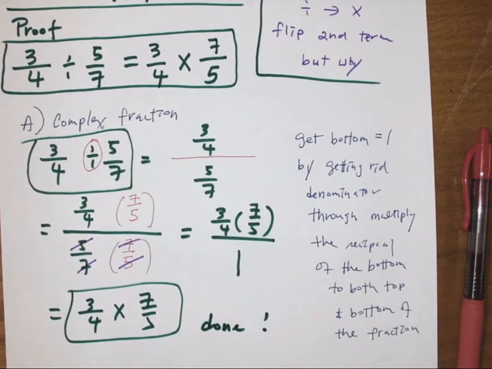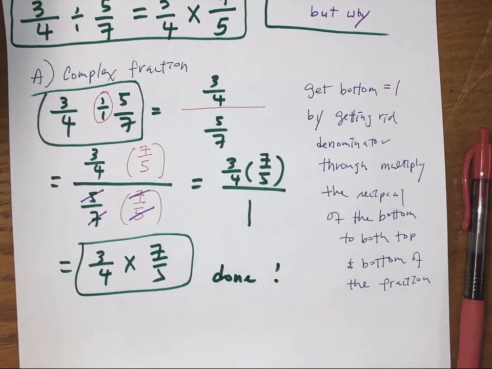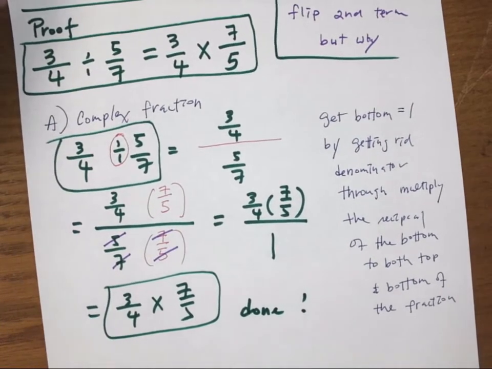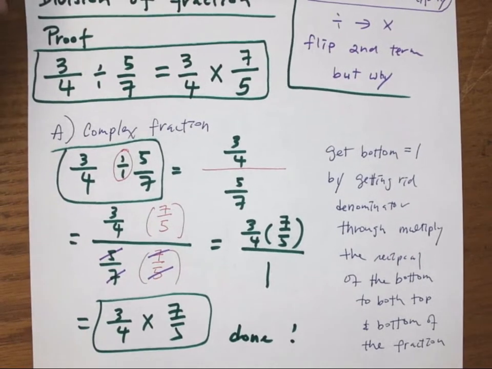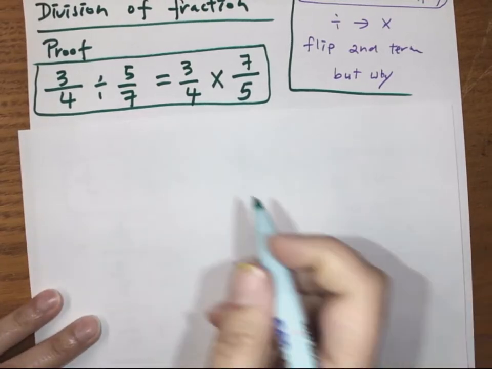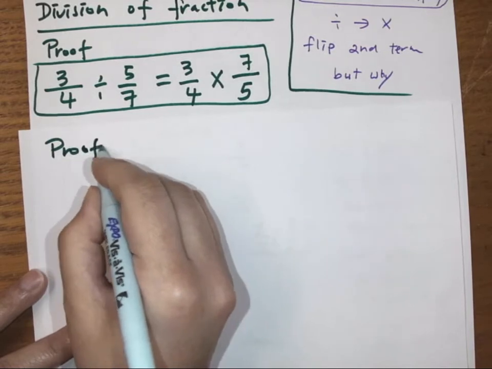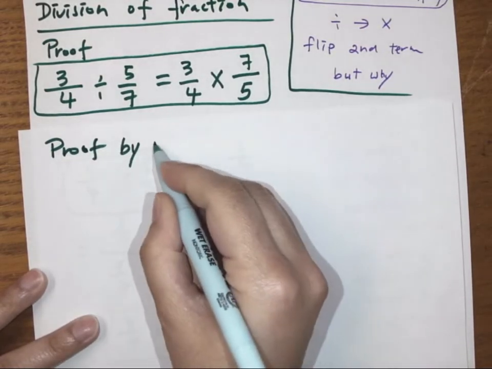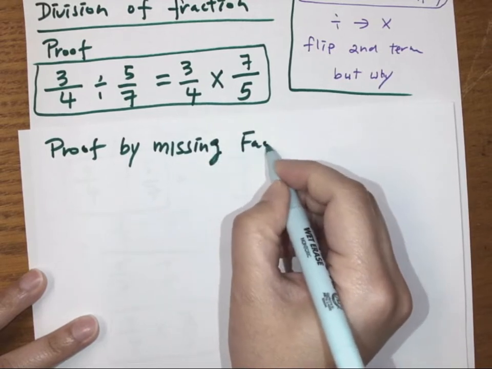For the second proof, we are going to use missing factor. We did whole numbers with missing factor, but if you need to pause the video, please feel free to do it. We're going to do another proof of this question, but this time using missing factor.